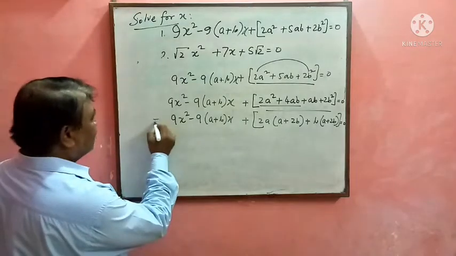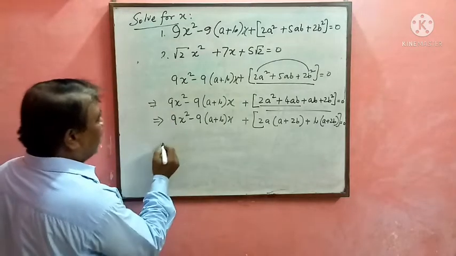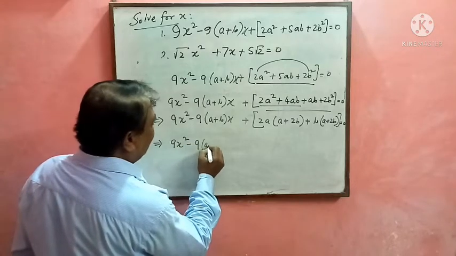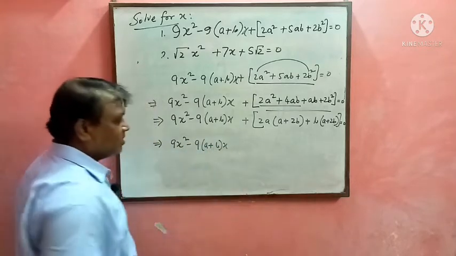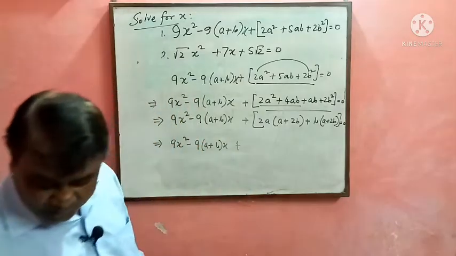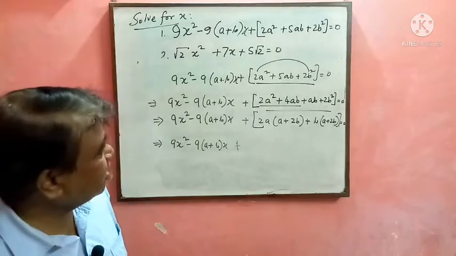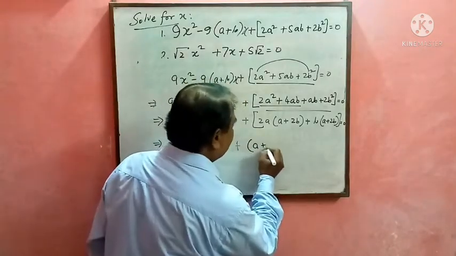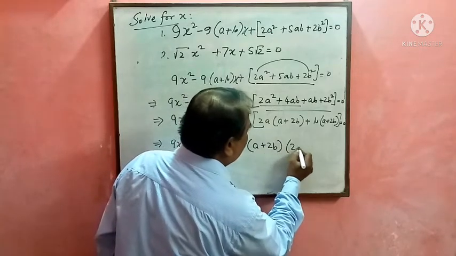So this is your 9x square minus 9 into a plus b x plus a plus 2b into 2a plus b. That means a plus 2b into 2a plus b.